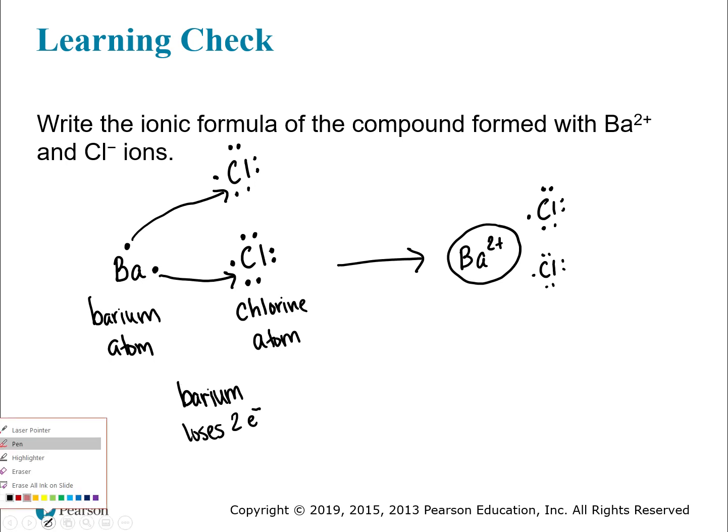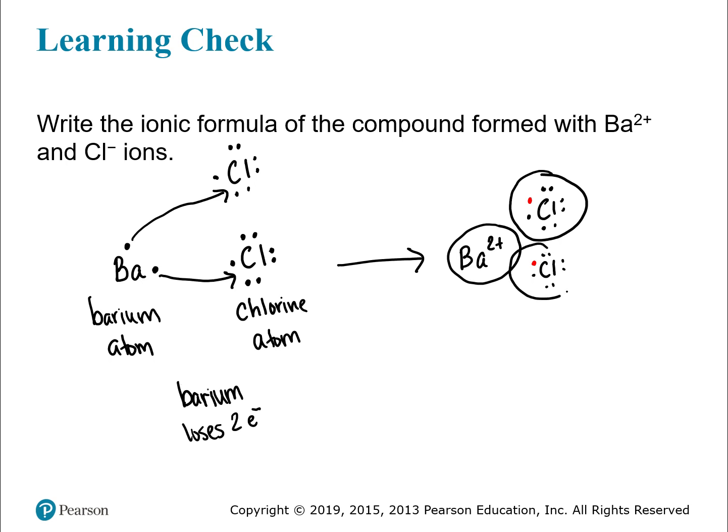I'm trying to do it here so that you can see the different colors. We've got our positive ion, the barium ion, and we've got 2 chloride ions that now are happy because they each have an octet. So the compound that you would form is BaCl2.